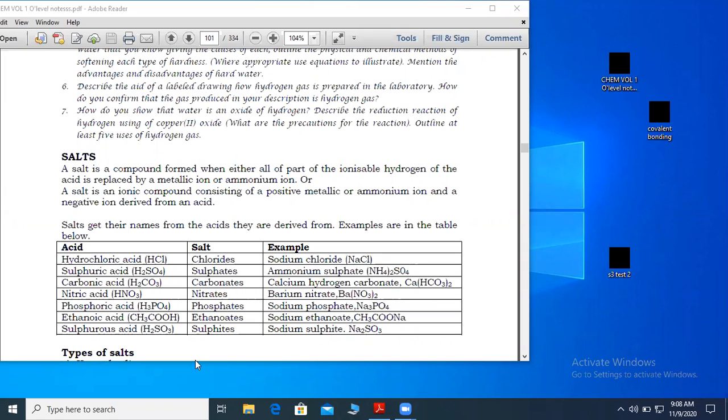The test will include salts, it will include chemical families, and it will include structure and bonding. Salts, chemical families, then structure and bonding.